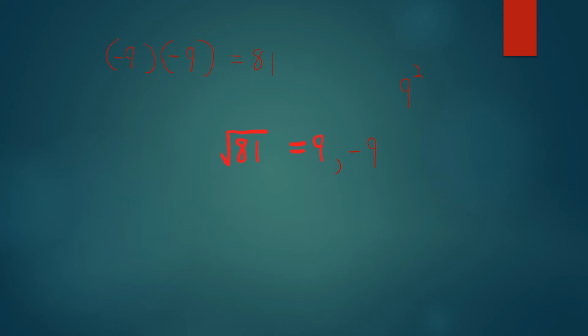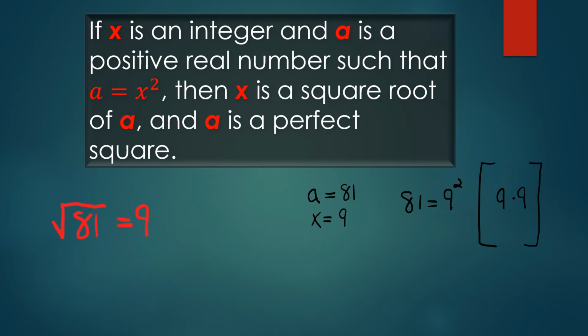And another rule states that if x is an integer and a is a positive real number such that a is equal to x squared, then x is the square root of a.